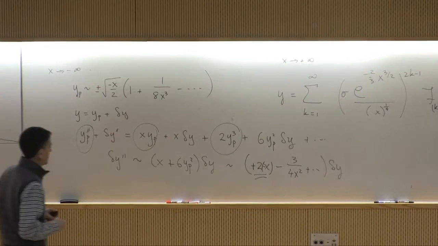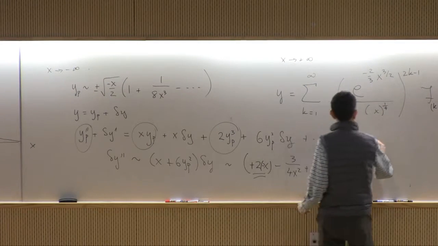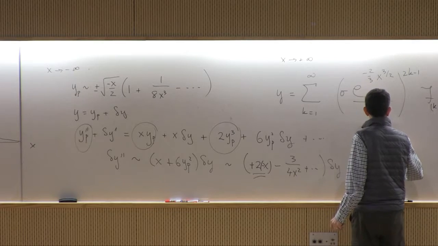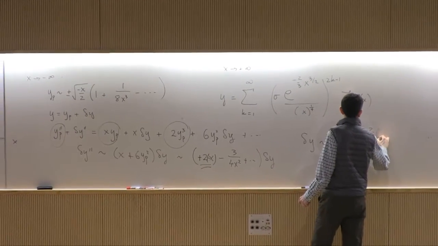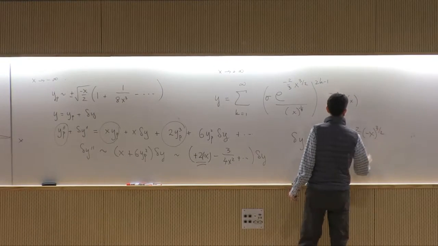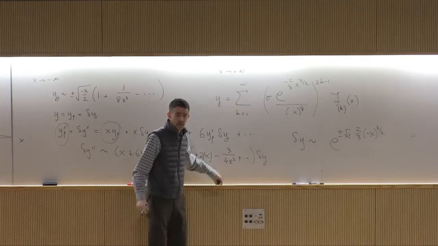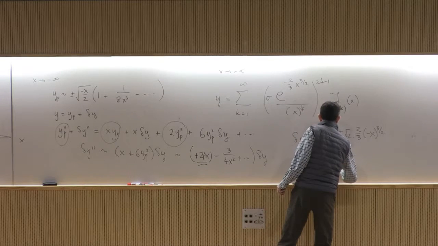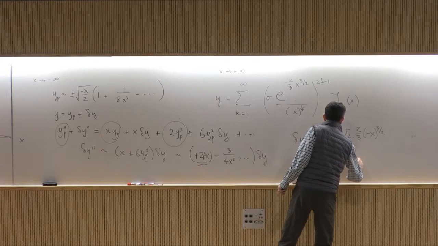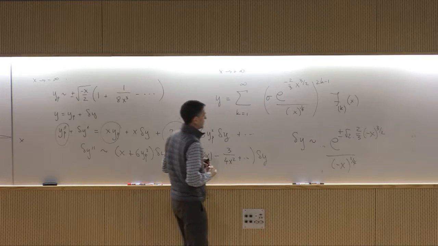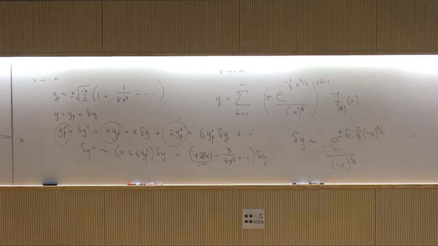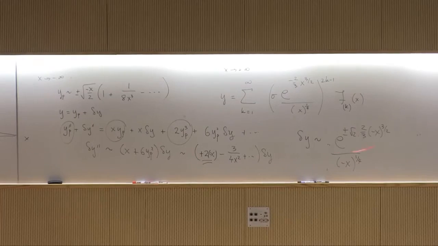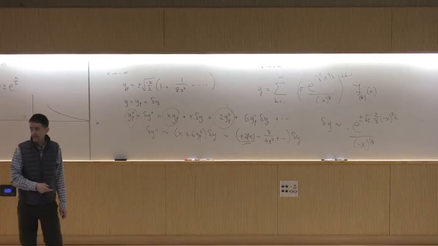So you see that that tells you immediately that delta y goes like e to the plus or minus root 2 times 2/3. And if you include this term here, it's a linear equation, so I can't fix the coefficient. Okay? Because of the 2 here, there's an extra factor of root 2 there.